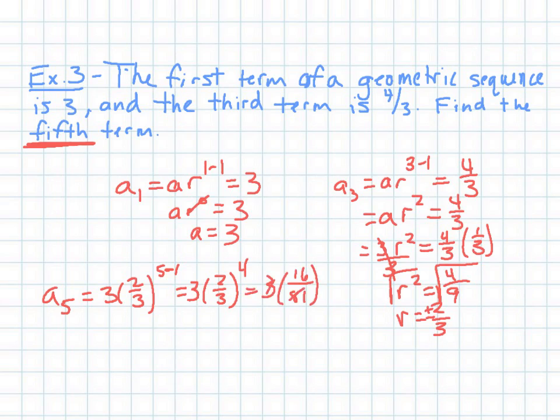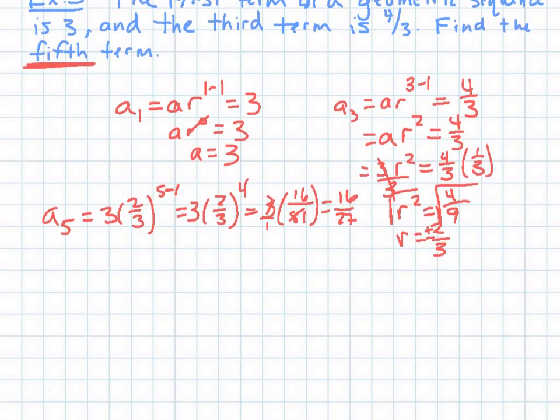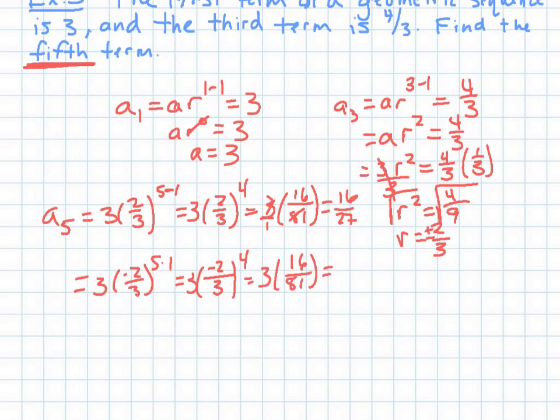The 3 and the 81 reduce, so it gets you 16 over 27. Now here, if you did the other one, because it's going to end up being to the 4th power, that 4th is an even power, so it gets rid of the negativity of the 2, so it makes it positive just like the other one was. So you're going to get the same answer.